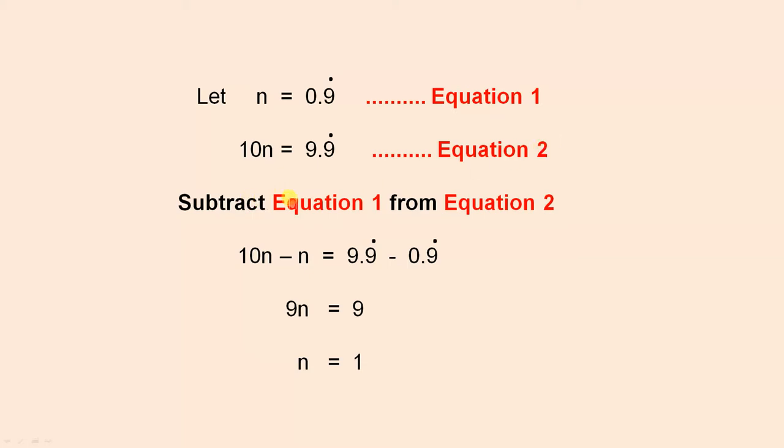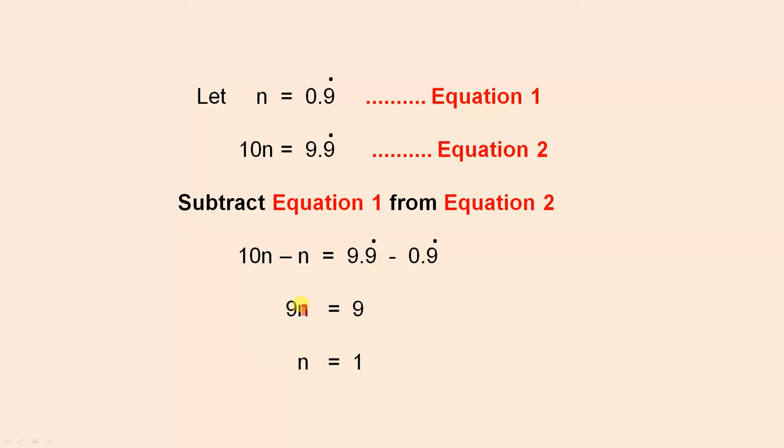Subtract equation 1 from equation 2, just the same way we normally do in simultaneous equations. So basically, it's equation 2 minus equation 1. So 10n minus n equals 9.9 recurring minus 0.9 recurring.